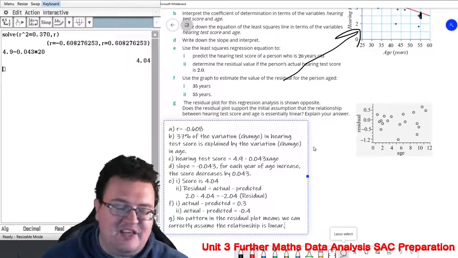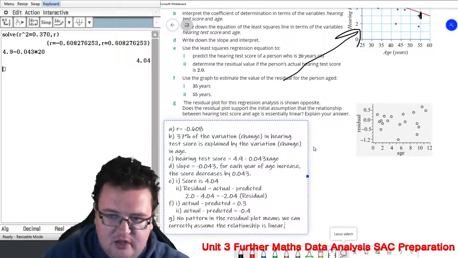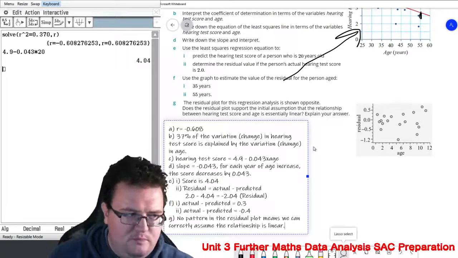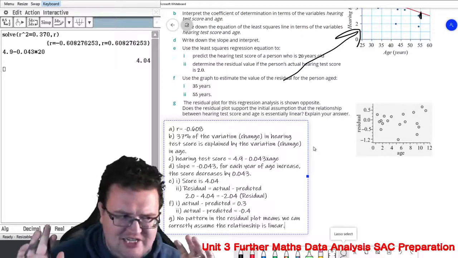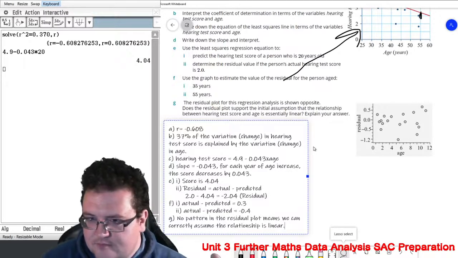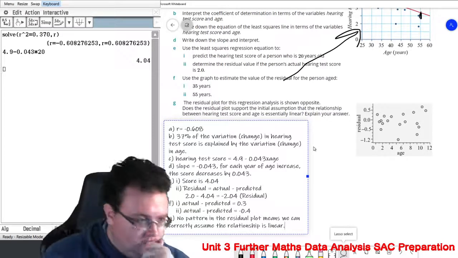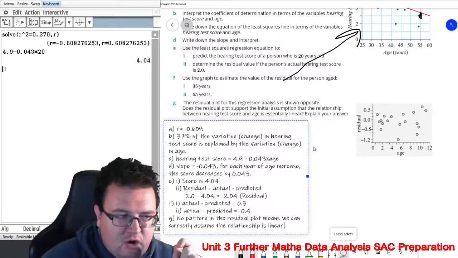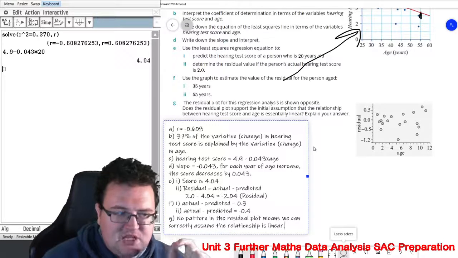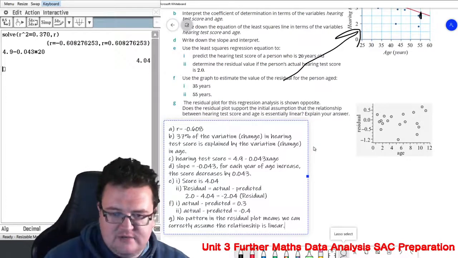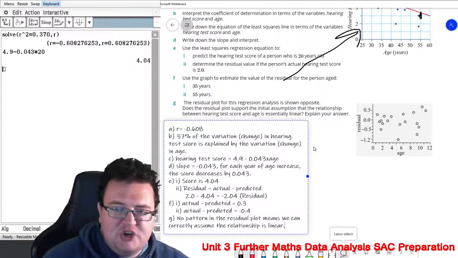If you were to take the R value of that residual plot, you would find that it's 0.024 or something, which is basically no relationship at all. It looks like a random mess of dots, which means it probably is a random mess of dots. And a random mess of dots means that the original relationship is going to be linear.